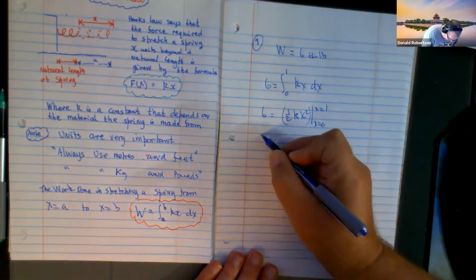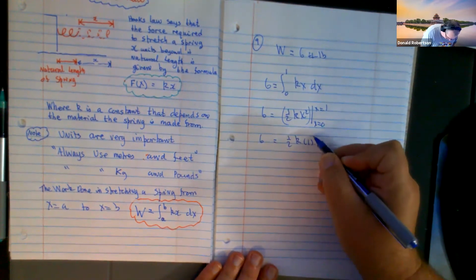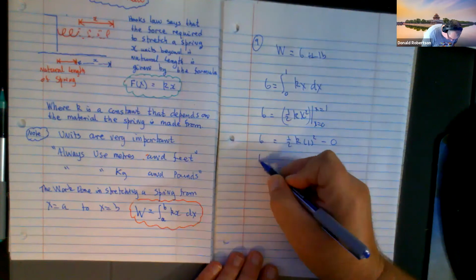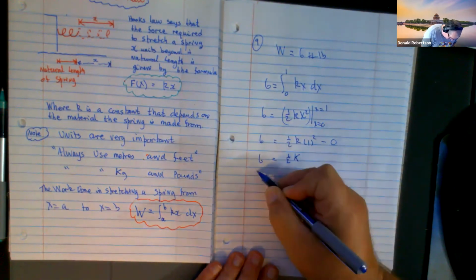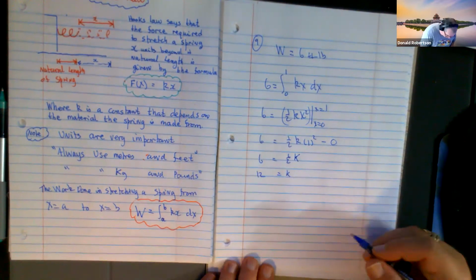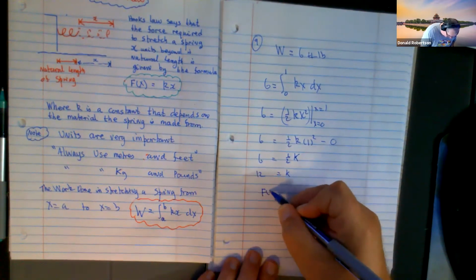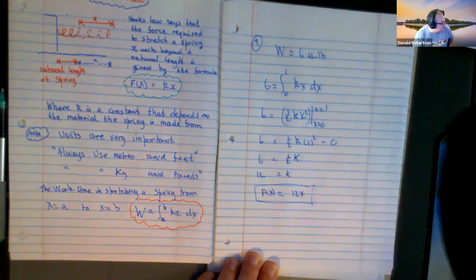Well, this one's coming out far too nice. So K ends up being 12. That's fine. So that's our go-to force function.